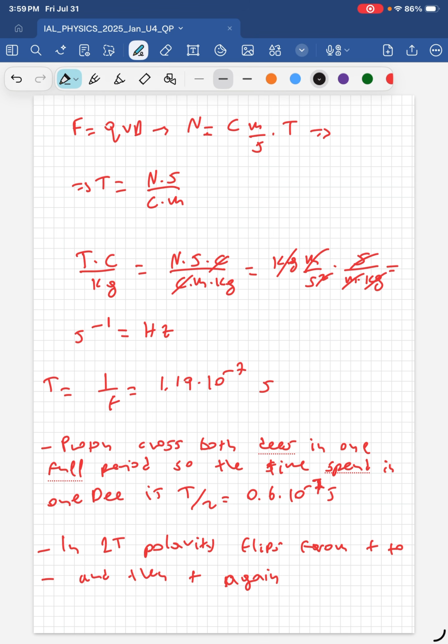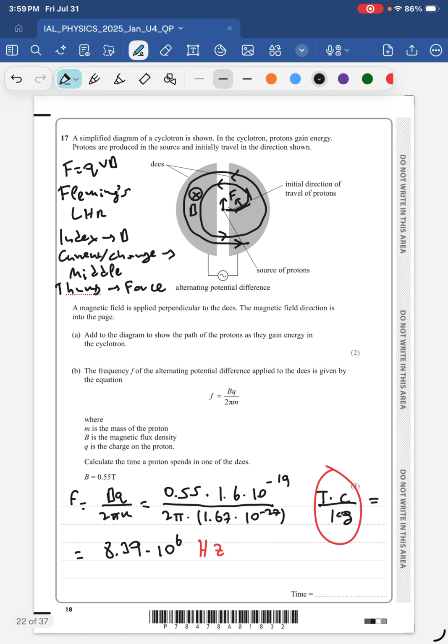I hope this makes sense. This was a little bit longer than I intended, but I hope it's complete. We basically proved why that unit is hertz, even though during the test you can just write down that it's hertz.